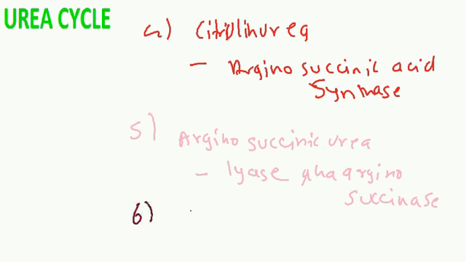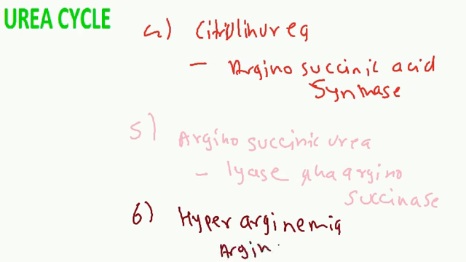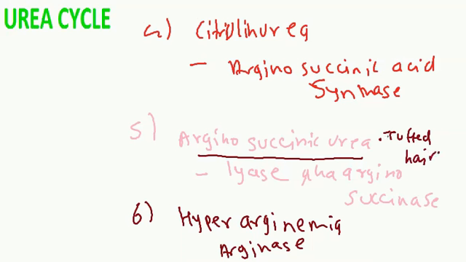Then we have hyperargininemia, and the enzyme defective is arginase. One thing I forgot, that in arginosuccinic aciduria, one of the symptoms is tufted hair. So these are the disorders of urea cycle.